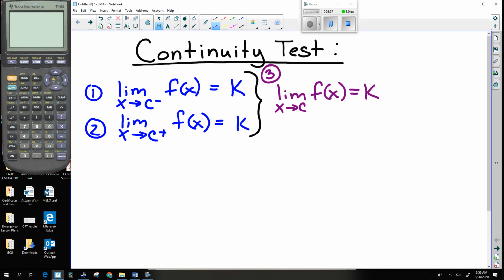Next, the point itself, at whatever we're taking the limit at, has to be equal to something. So the big picture items: one, the limit has to exist.